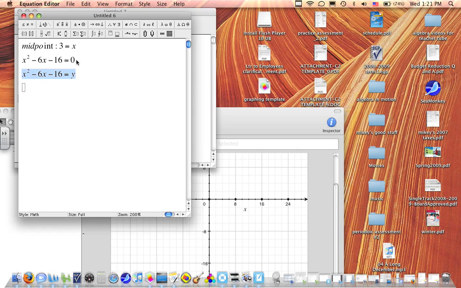We're actually talking about height here, so I'm going to replace y with h in this case. In parentheses underneath, I'm going to say they all mean the same thing: 0, y, and h, just for quadratic equations.